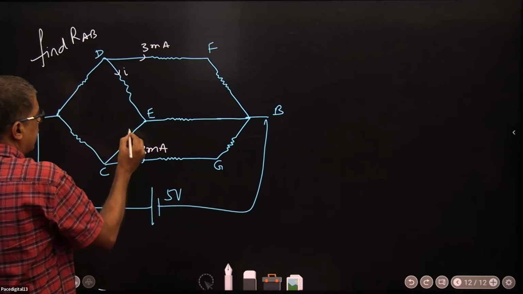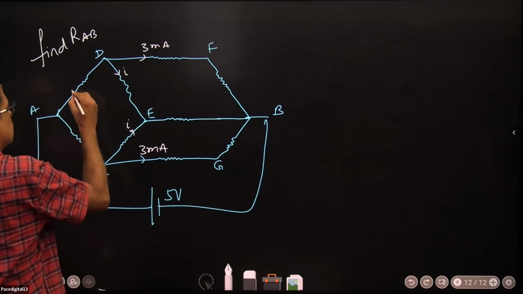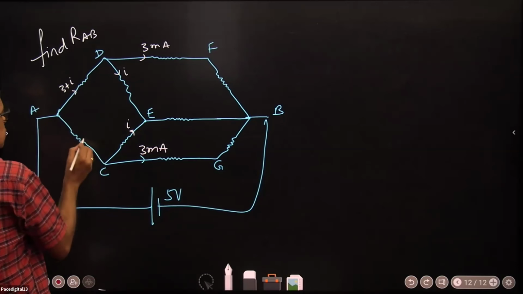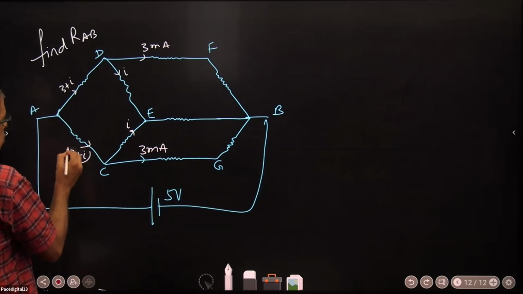If you take I current in this, the current in this will be 3 plus I, and this will be 3 plus I.